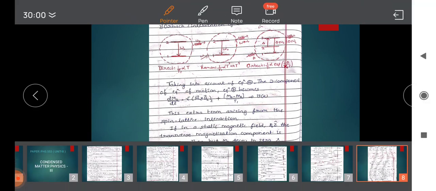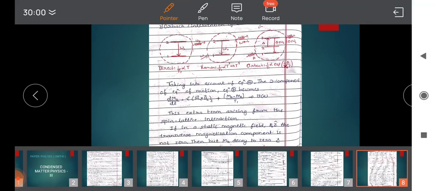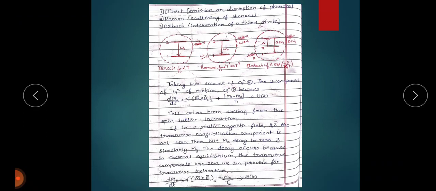This is taken as equation number 13a, the rate of change of magnetization along the z coordinate. This extra term arises from the spin lattice relaxation, or spin lattice interaction process.